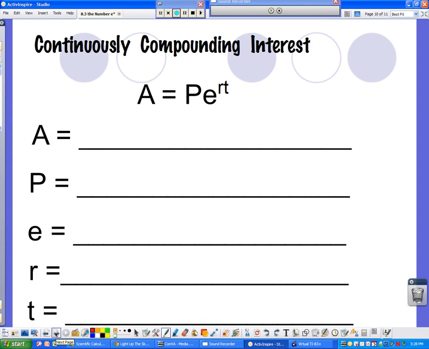All right. If you'll remember in lesson 7.2, we talked about compound interest. And there were different variations about how that could be compounded. One of the other ways that you can compound interest is compounded continuously, where once it calculates interest, it's just going to keep calculating it. And all the letters are the same. Okay, so A is the account balance at the end of whatever the time is.